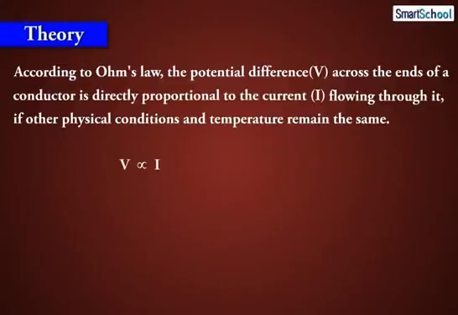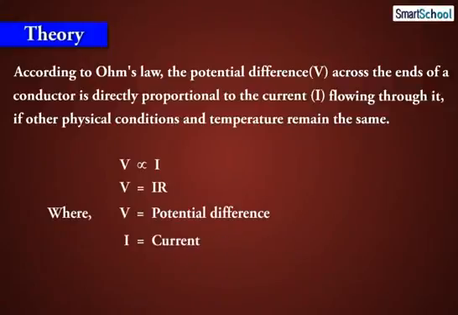V is directly proportional to I. V is equal to IR, where V is equal to potential difference, I is equal to current, and R is equal to resistance constant.